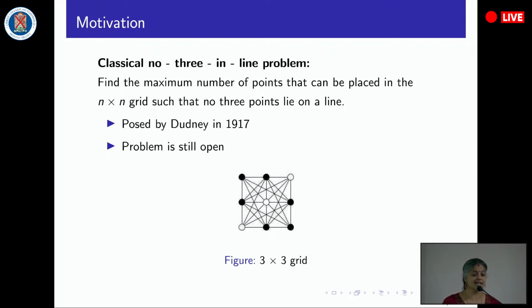Here it is attained, but as n grows, we are not sure whether it will be possible to place 2n. If you have a realization where you can place 2n, then we are done. This is going to be the best possible, but the problem is still open. This problem is due to Dudeney, and it was posed in 1917.